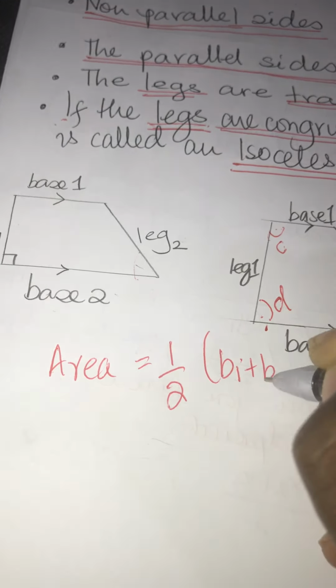Okay? So angle C plus angle D should give you 180 degrees. If this is 90, this should also be 90. So 90 plus 90 is 180.